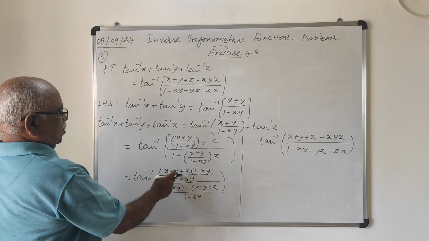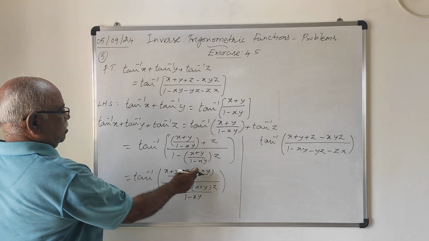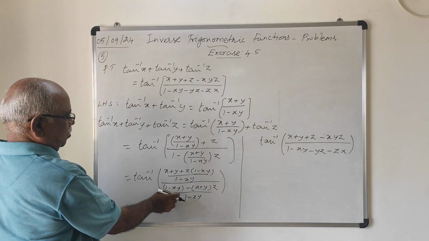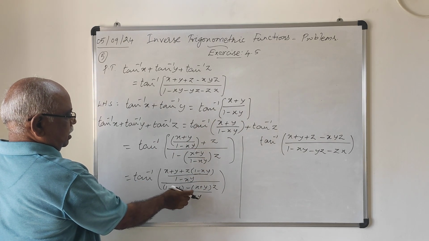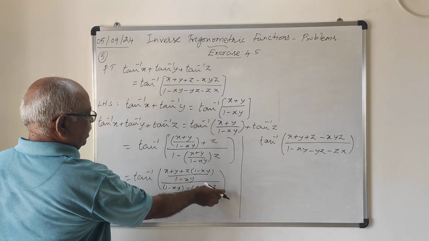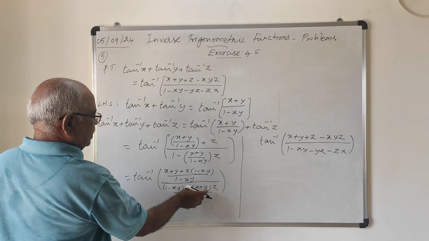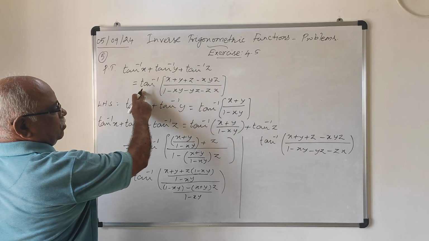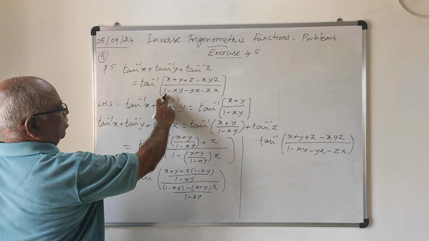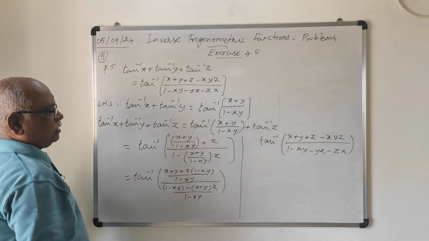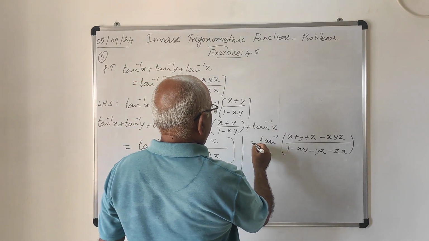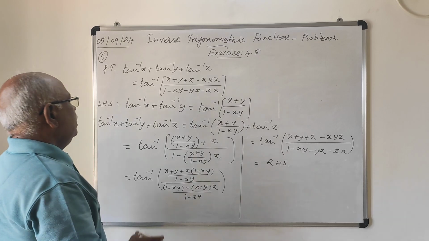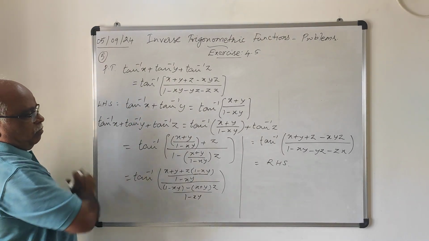See, this is x plus y plus z into 1 is z, plus into minus, minus z into xy is minus xyz. In the denominator, 1 minus of xy minus z into y is minus zy and minus zx. That's the required result: tan inverse of (x plus y plus z minus xyz) by (1 minus xy minus yz minus zx). This is equal to the right hand side. The result is proved for this problem.